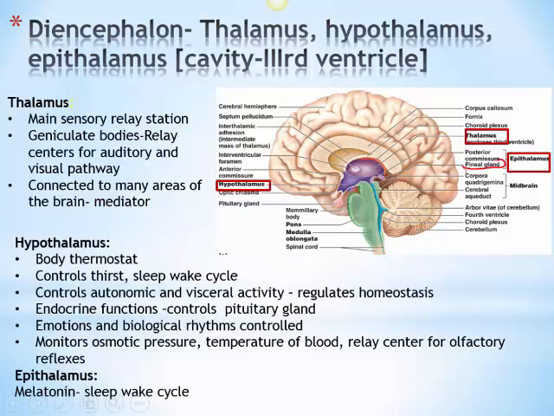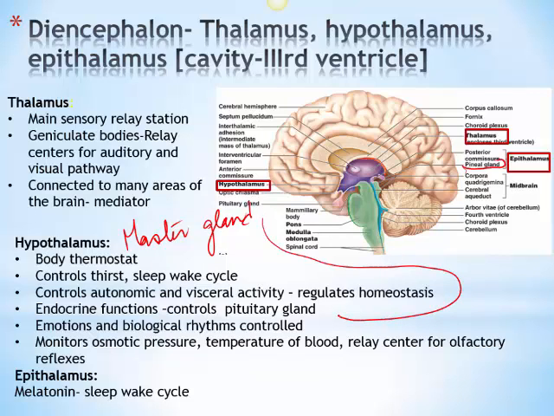Hypothalamus, the area which is present here, is often called the master gland. Previously, they used to call the pituitary the master gland, but the hypothalamus truly is the master gland because it is the one that controls the pituitary. And through the pituitary, it therefore has endocrine functions.